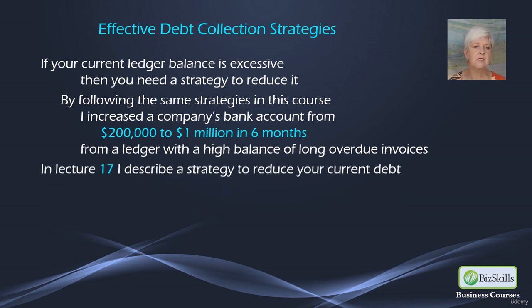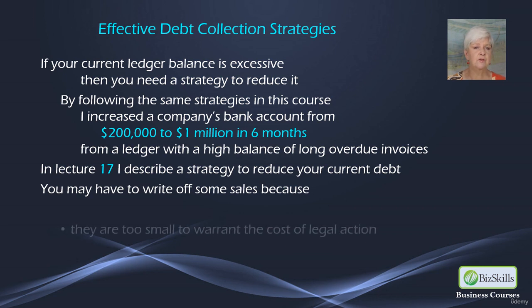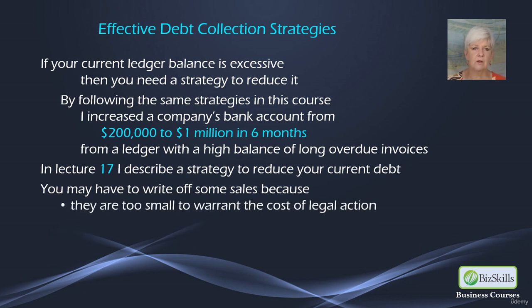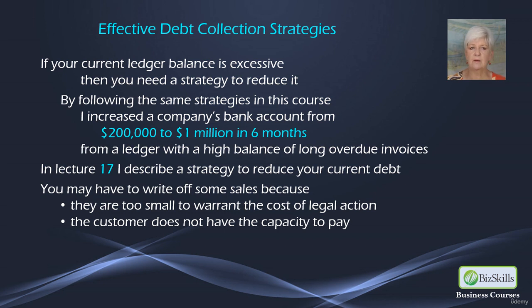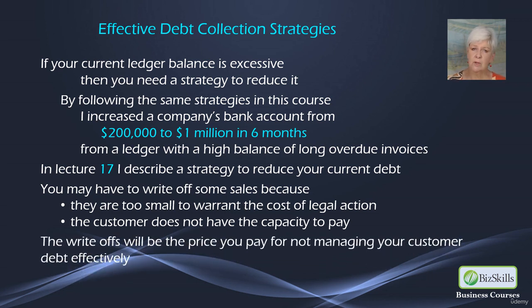In Lecture 17, I describe a strategy to reduce the current debt you have in your ledger. Hopefully, you will collect all the outstanding debt, but you may have to write off some sales because they are too small to warrant the cost of legal action, or the customer does not have the capacity to pay. The write-offs will unfortunately be the price you pay for not managing your customer debt effectively.